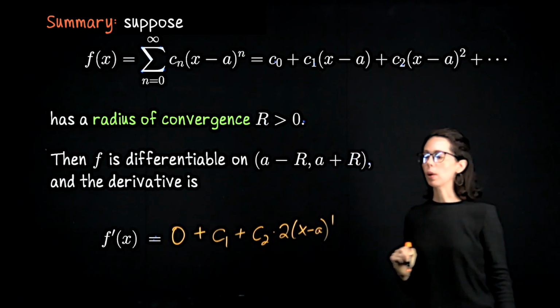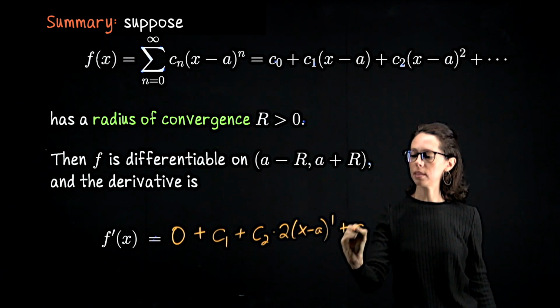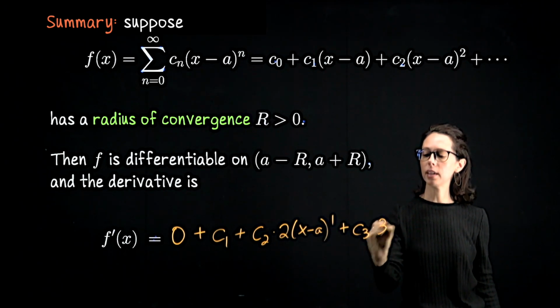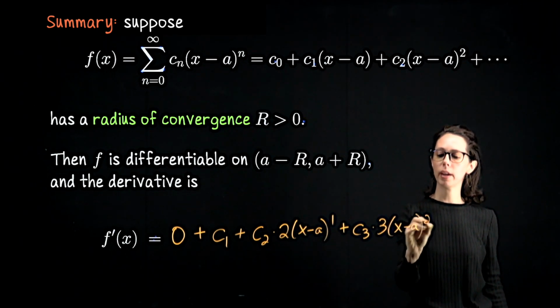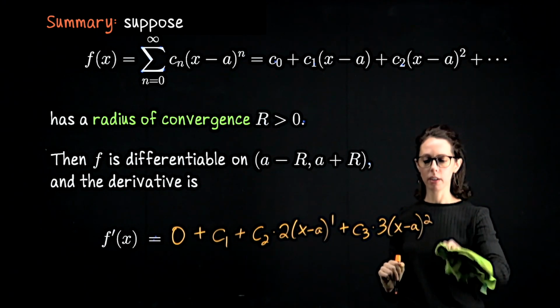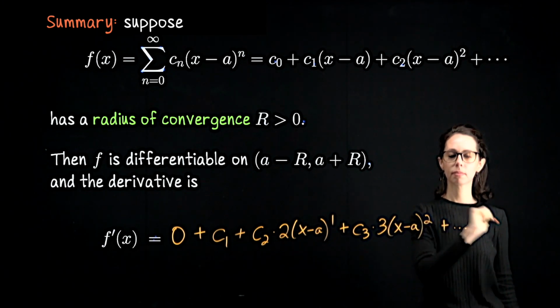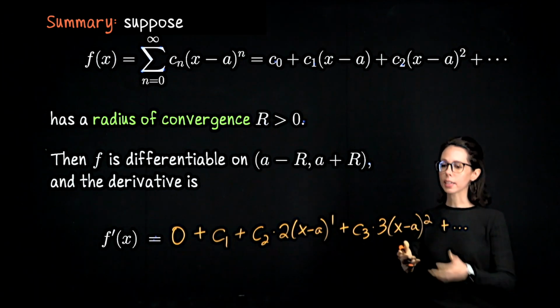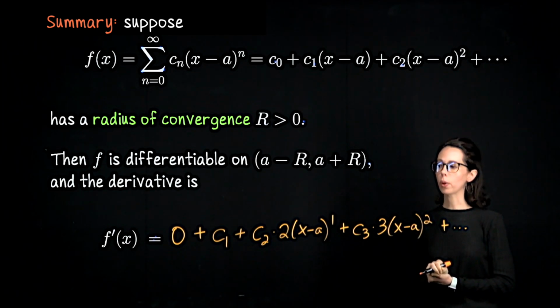And then if you'd like, let me write one more. The next one would be C3 times 3 times x minus a squared. And we keep doing this. This is the expansion of the power series for f prime of x.